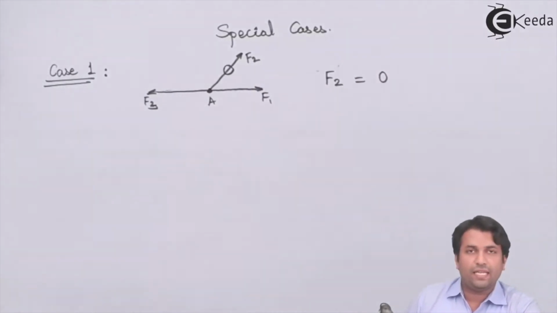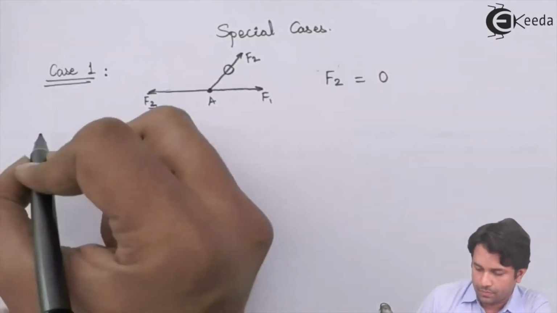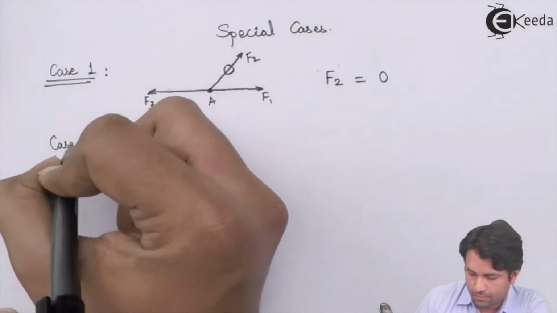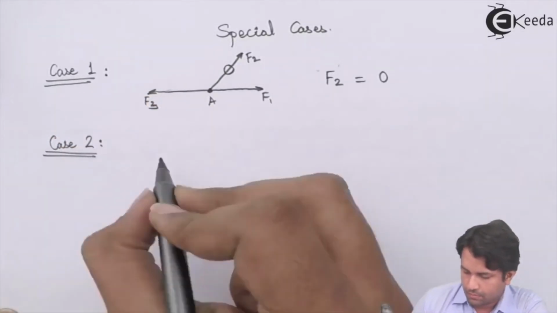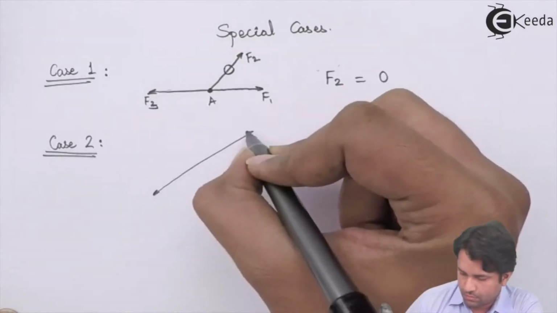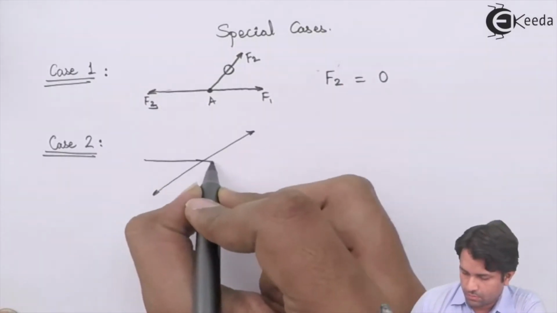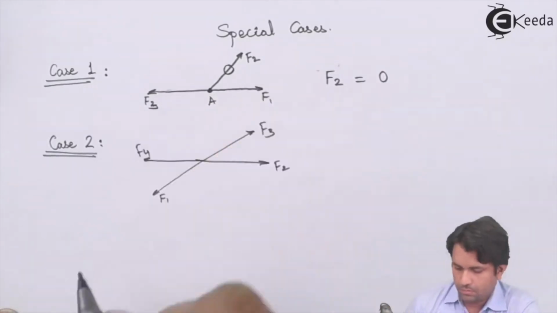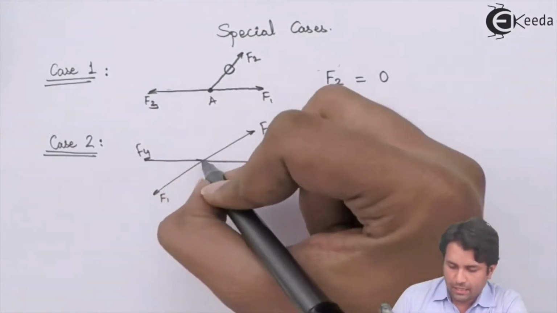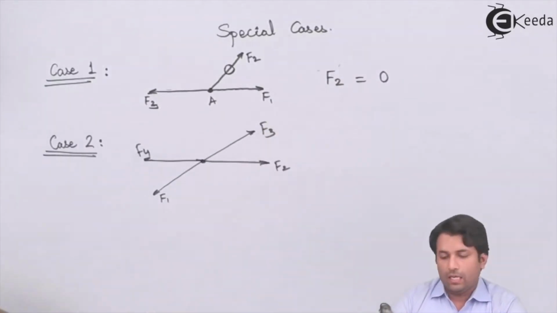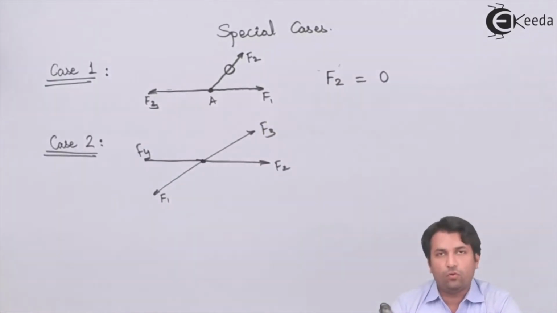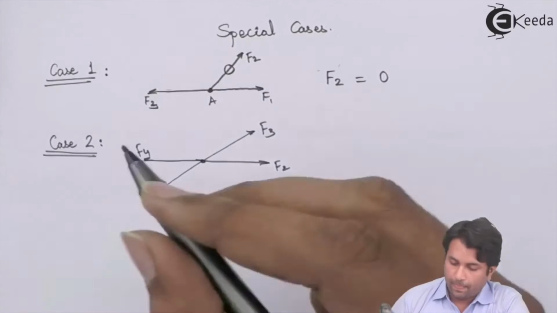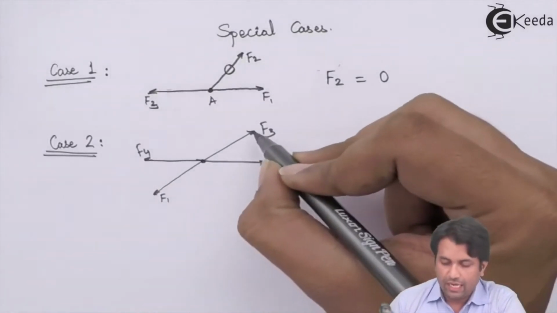Okay, now we will see case 2. In this case, we can see that on a single joint, I'm having four forces, and the four forces are such that they are pairing as two pairs, like force F1 and F3.